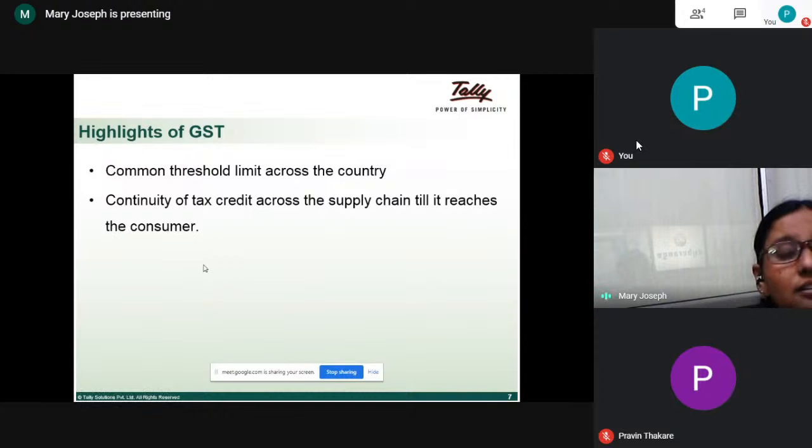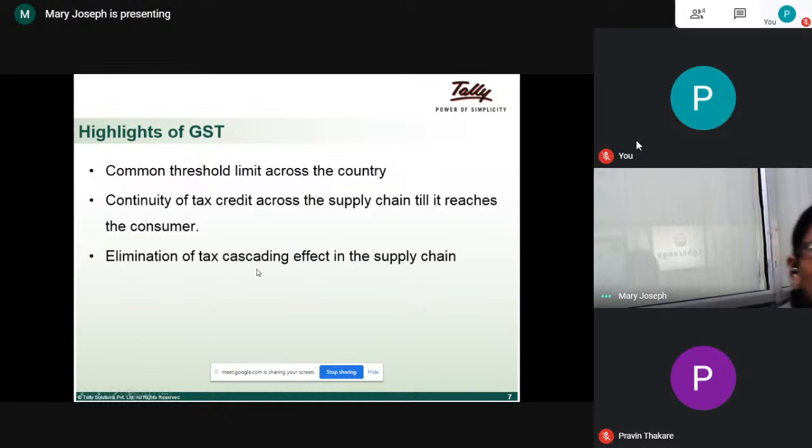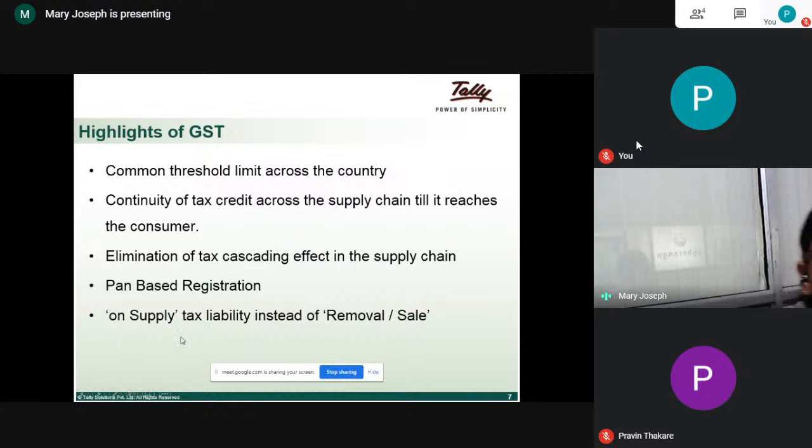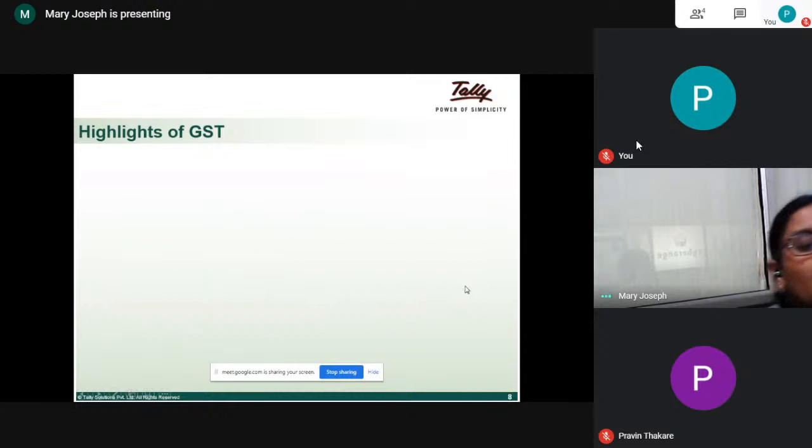Tax credit continuity will begin from the manufacturing till it comes to the consumer. Elimination of the tax cascading effects in the supply chain, PAN-based registration. Registration on GST is completely based on the PAN.